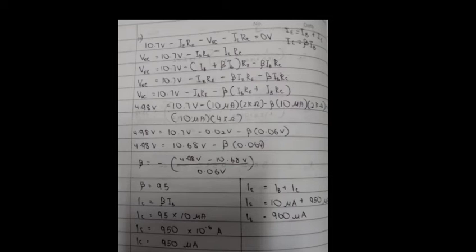After we insert the values, we get VEC equal to 10.7 volts minus bracket IB plus beta IB bracket RE minus beta IB RC. We calculate the equation and expand it, and at last we got the value of beta is 95.